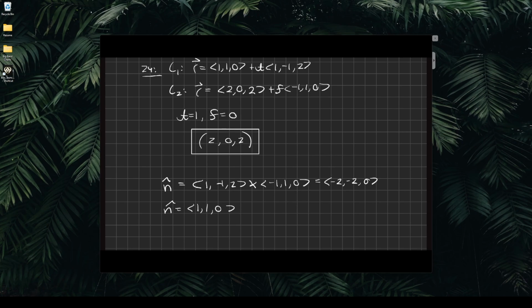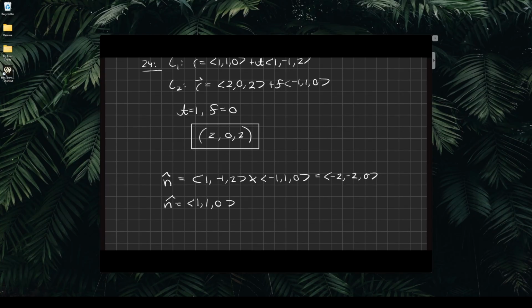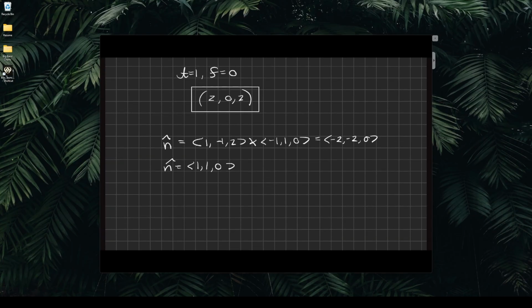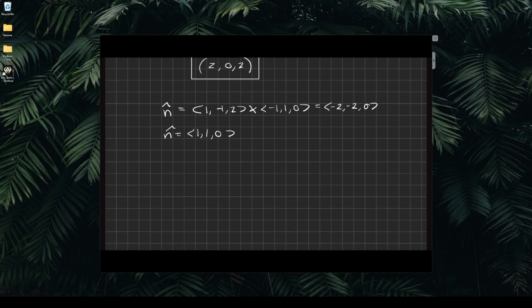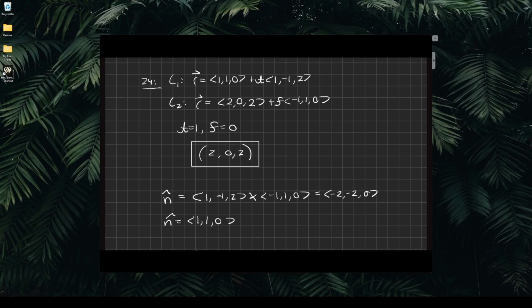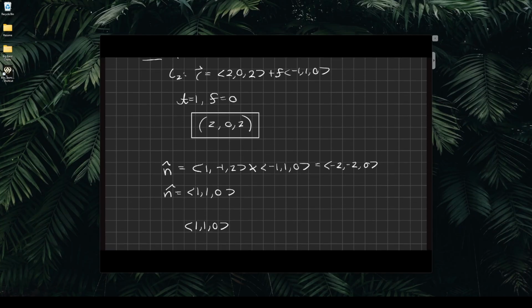It'd be in point normal form, is what your book calls it, with the point given up here, 2, 0, 2. So what this would look like is we'd have the dot product between 1, 1, 0, and this is equivalent, we're just dividing these terms by -2 in this case.